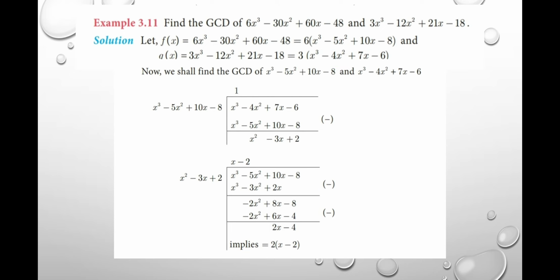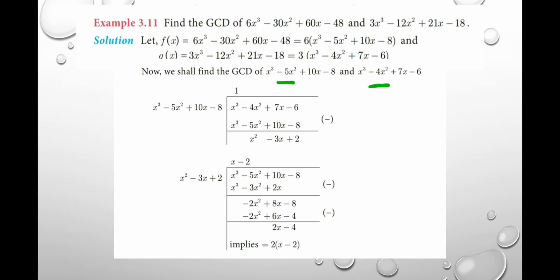Now which is the dividend here? We have to select the dividend first. See the first term: both have the same coefficient and same degree. Then see the second term to select the dividend. Here in the second term the coefficient is minus 5, and here the coefficient is minus 4.